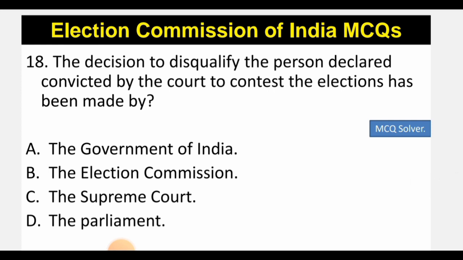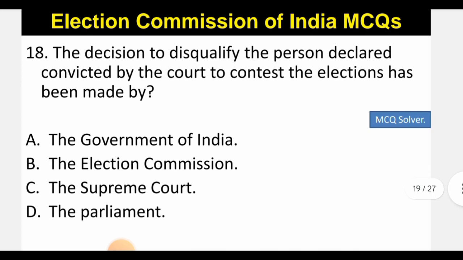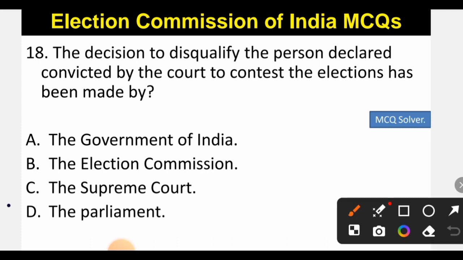The decision to disqualify a person convicted by the court from contesting the election has been made by, so the correct option is option D, that is the Parliament. The name of the act is the Representation of the People Act.